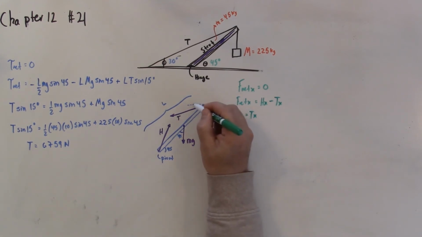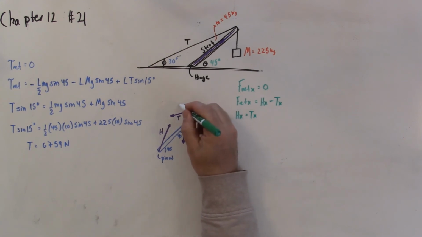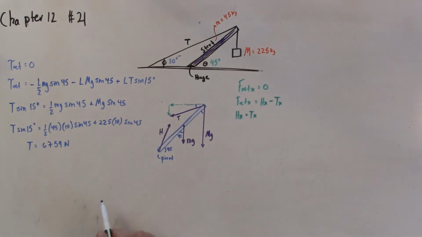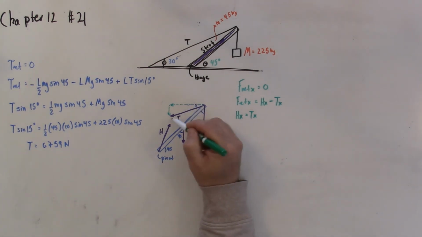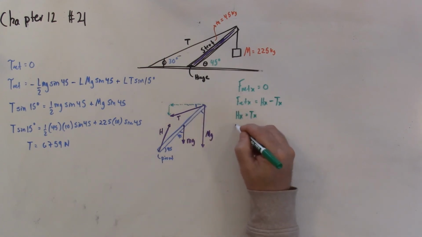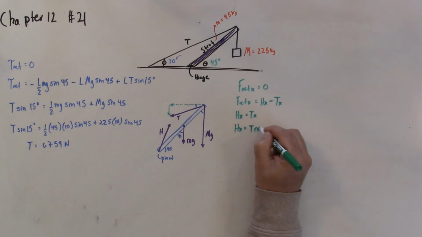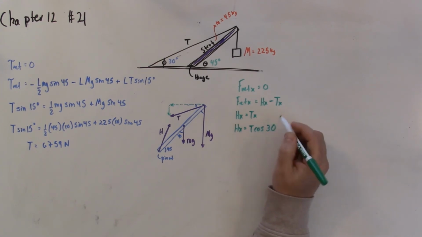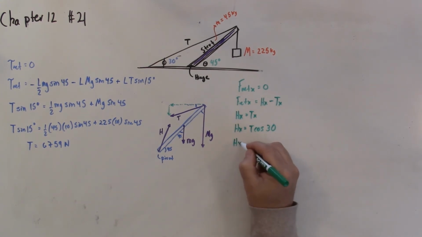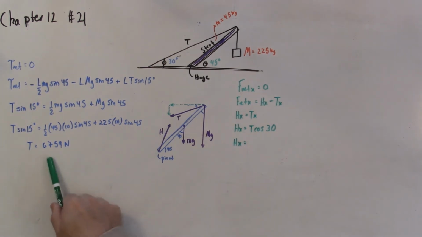If I break this tension up into its component parts, it pulls to the left and down. So this is the T, I know the value there. This is my 30-degree angle. Isn't the Tx equal to T cosine 30? And if I just plug and chug that here, I have the tension, I have the cosine.